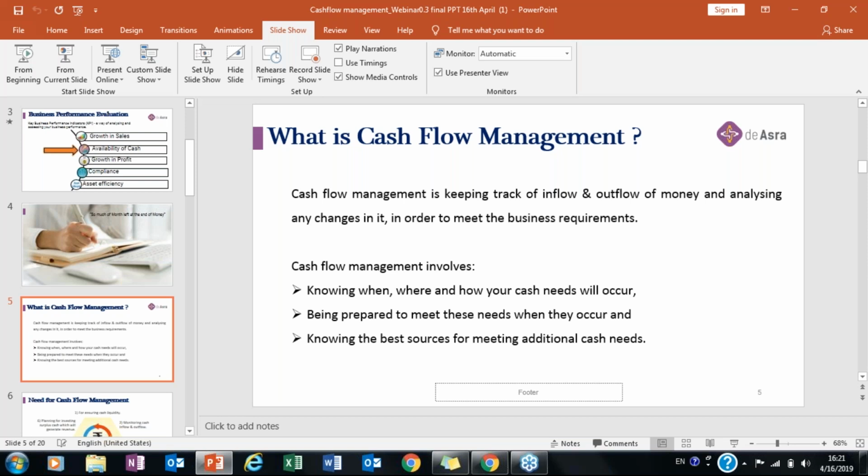So cash flow management is keeping track of inflow and outflow of money and analyzing any changes in it in order to meet the business requirement. It involves knowing when, where, and how your cash needs will occur, being prepared to meet these cash needs when they occur, and knowing the best sources for meeting additional cash needs.